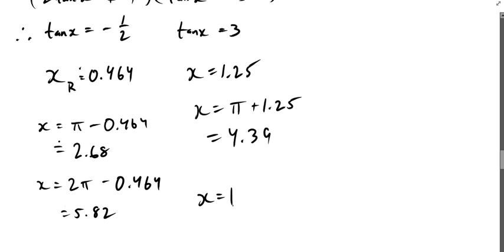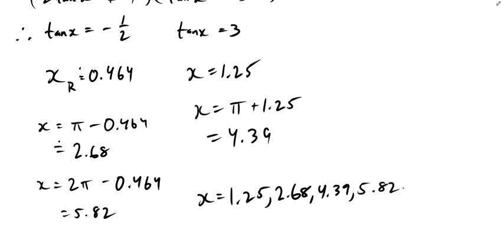So x is 1.25, 2.68, 4.39, and 5.82. Four answers, for a different reason from why we were getting four answers previously in the other stuff we were doing last week, right? Different reason, because of it being a quadratic trig equation.